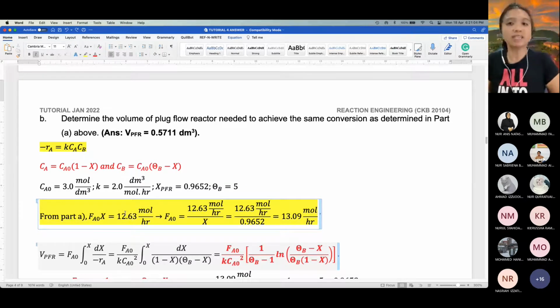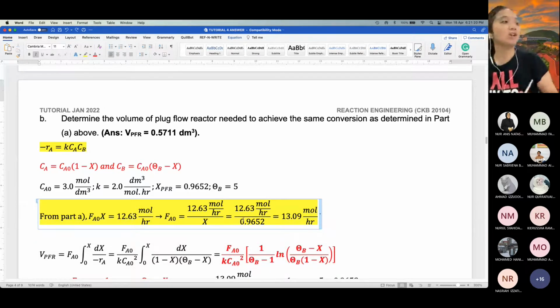Okay, since we already know the X, because it says in part 2 we use the same conversion as in part 1. In part 1, we calculated the X as 0.9652. So the X now, I can replace with 0.9652. So FA0X equals 12.63 from part A. Hence, FA0 equals 12.63 divided by X. So the X, I know 0.9652.